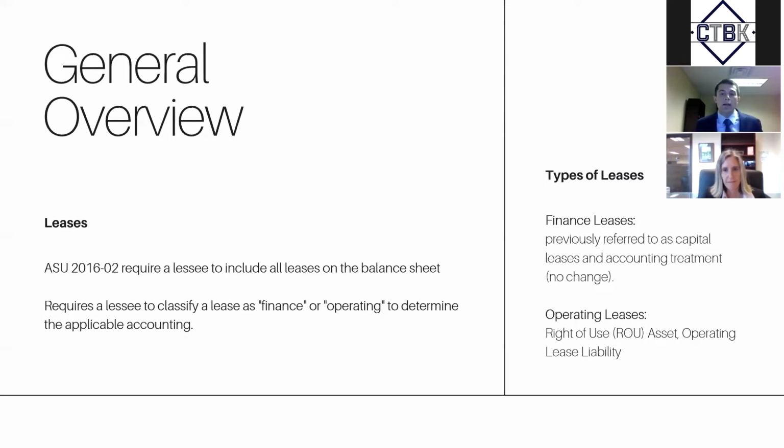Under this new guidance, finance leases are substantially the same as they were under topic 840. As for operating leases, as previously mentioned, the new standard will now require recognition of a right of use asset and lease liability on the balance sheet.